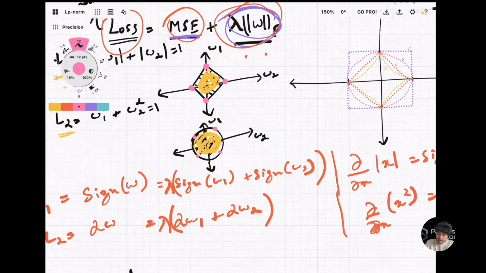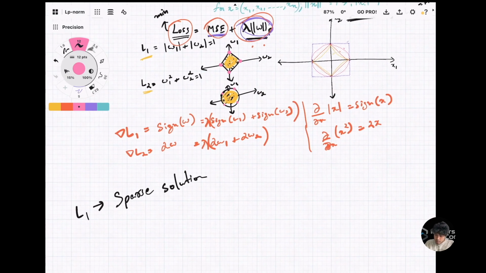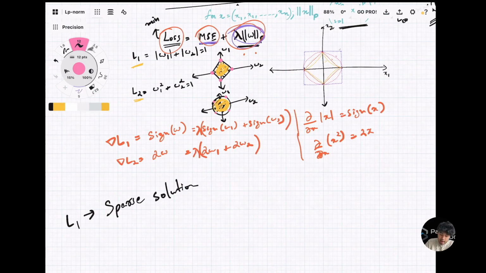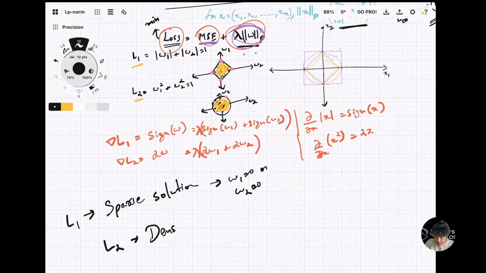But when it comes to a diamond, these points are clearly more biased and have clearly more probability. So that is why we say that L1 leads to sparse solutions. Because if we choose one of these corners, either W1 would be equal to 0 or W2 would be equal to 0. But when we go to L2, we have more dense solutions.